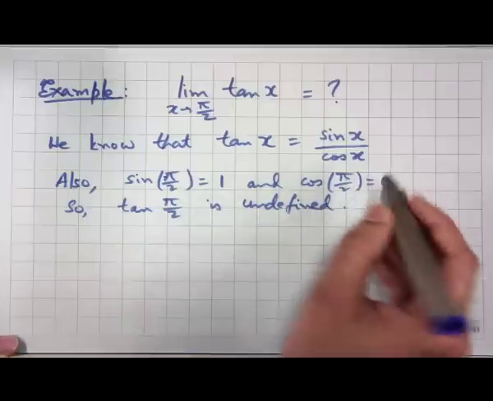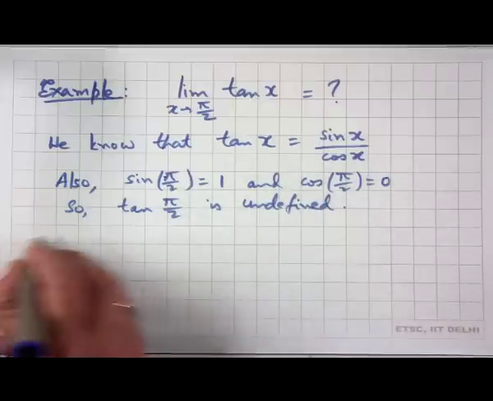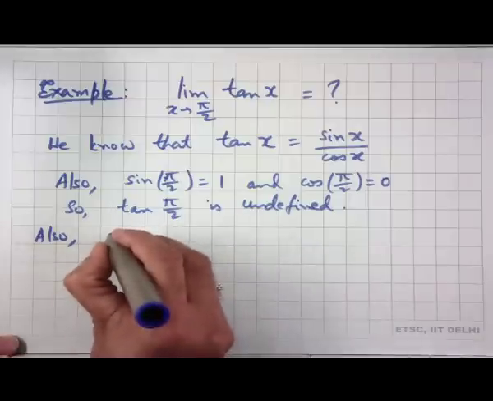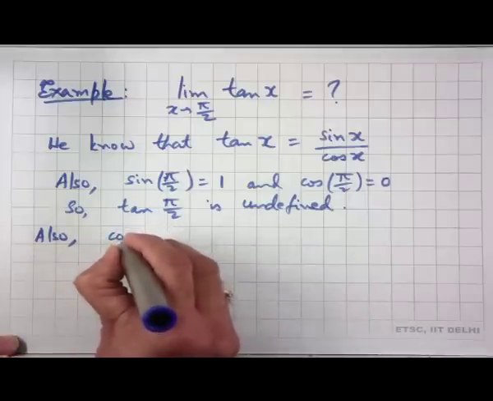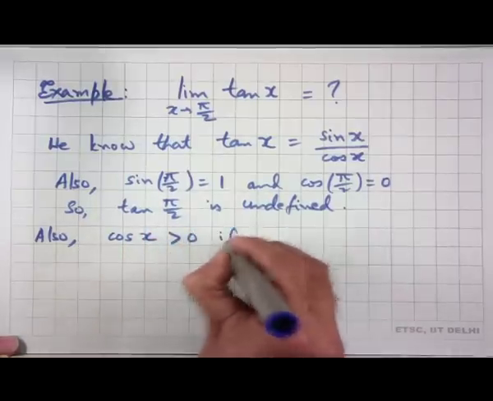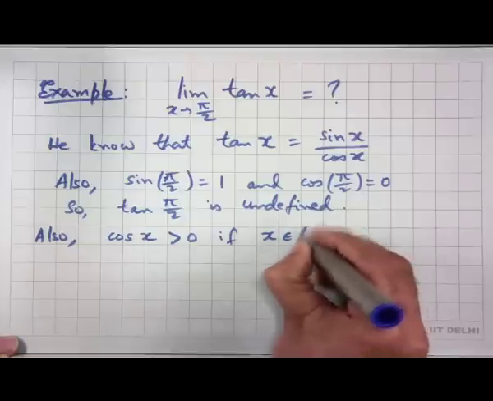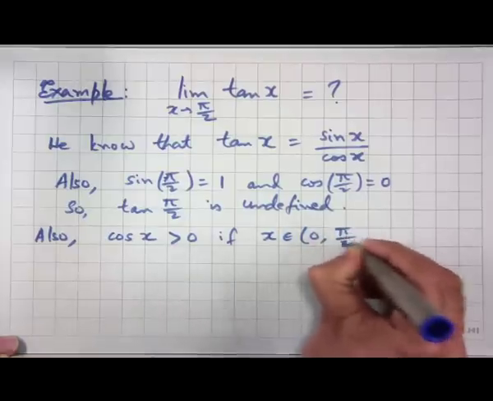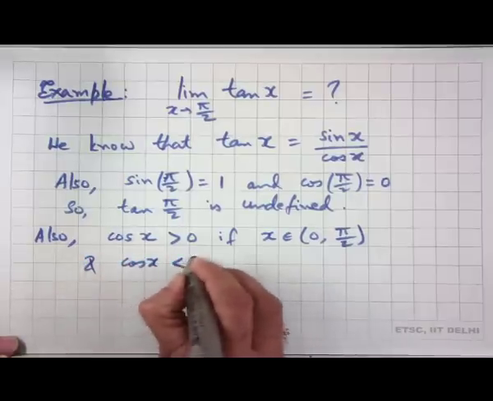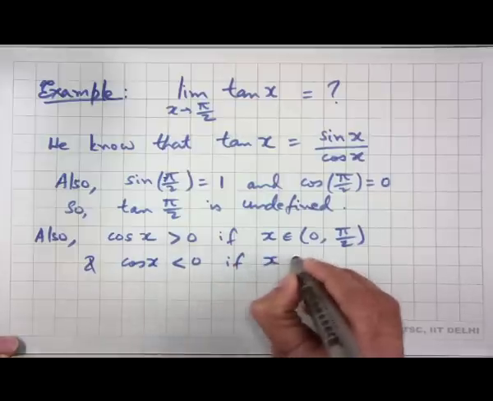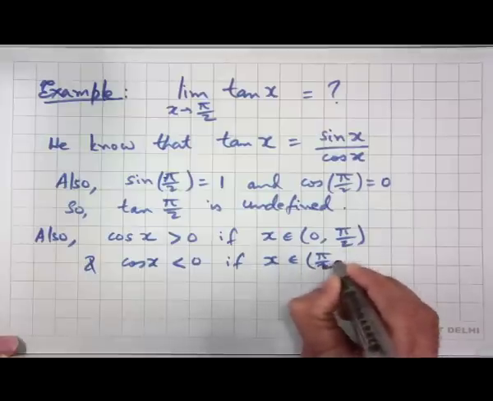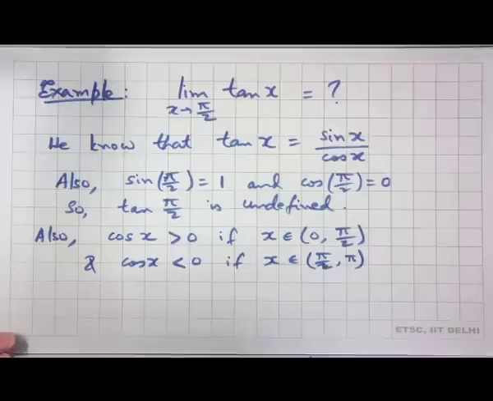Another thing we know is that cos of x is positive if x is from 0 to pi by 2, and cos of x is negative if x is from pi by 2 to pi, right.